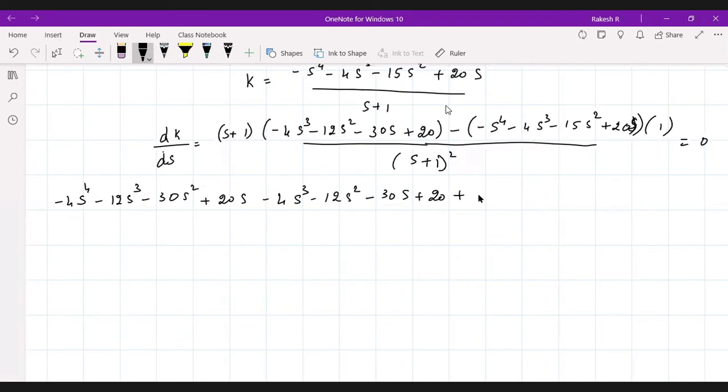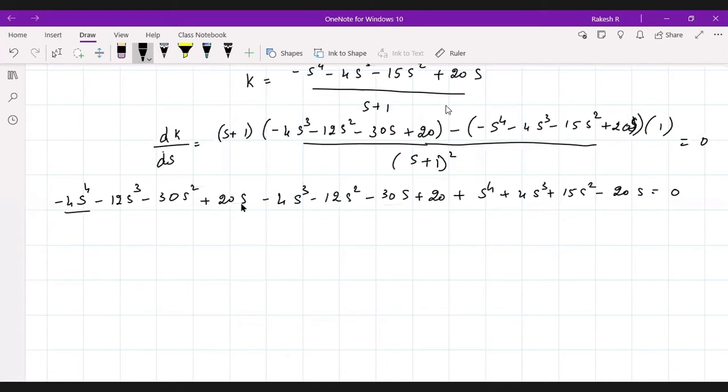Minus of minus becomes plus s raised to 4 plus 4s cube plus 15s square minus 20s. Just solve this one and tell me the final answer.